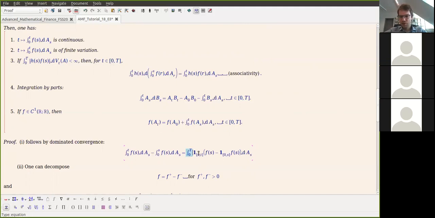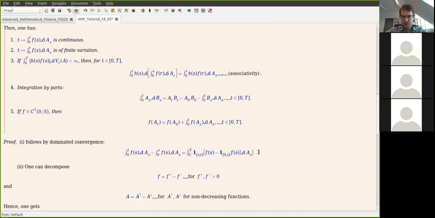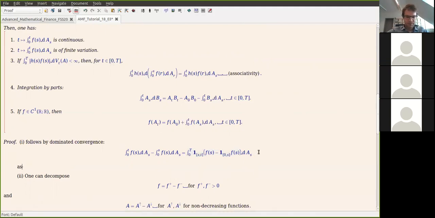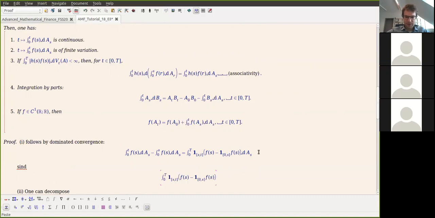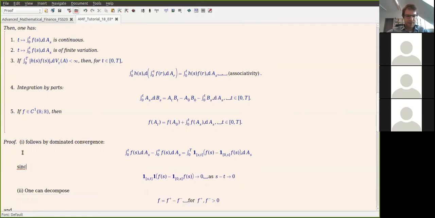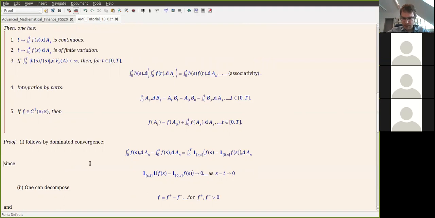And now, this object goes pointwise to 0 as s minus t goes to 0. Why the indicator functions? One is from 0 to t and the other one is from 0 to s.